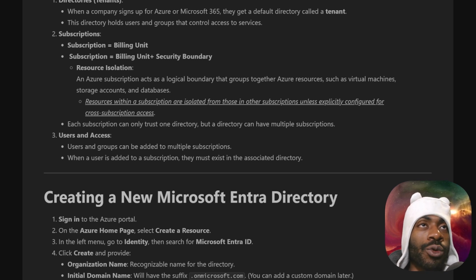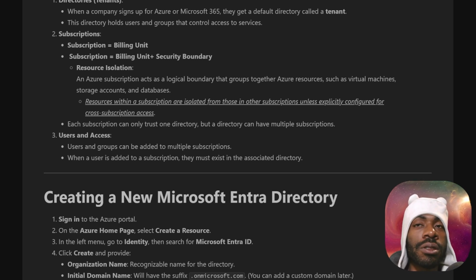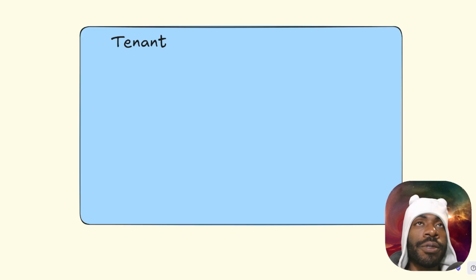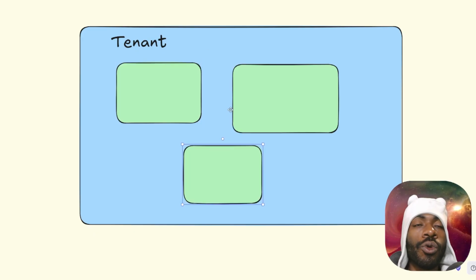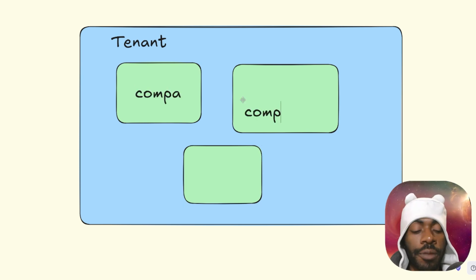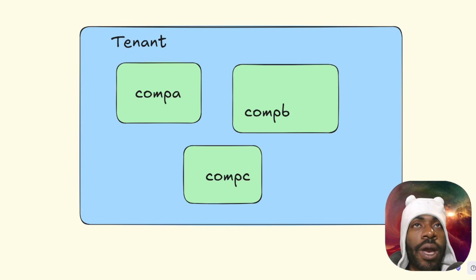Subscriptions allow for resource isolation. Basically, subscriptions are logical boundaries that group together Azure resources like virtual machines and storage accounts. Subscriptions, like so, would store the virtual machines for company A, company B, and company C. But they would also act as security boundaries.